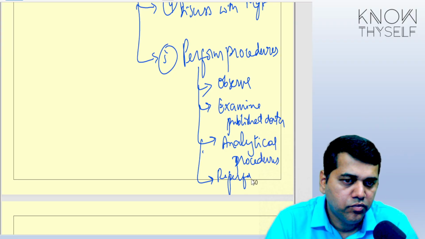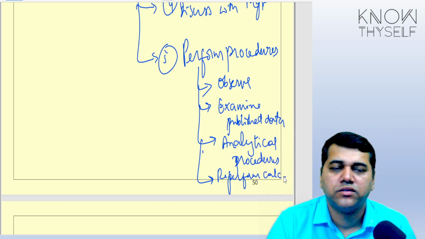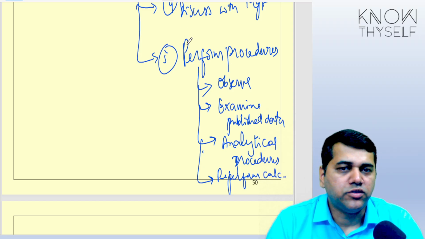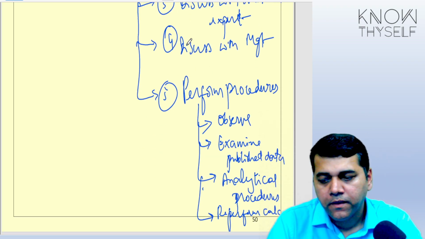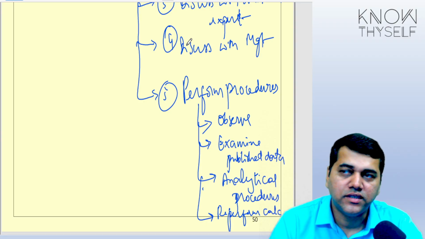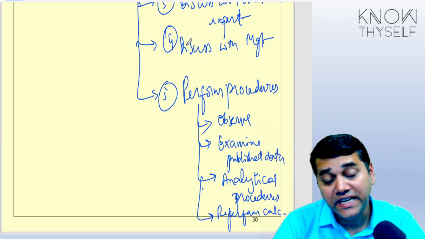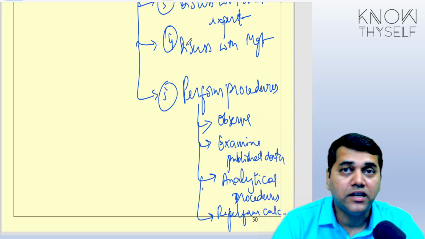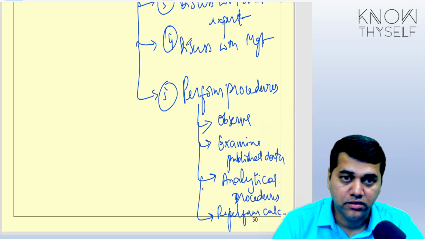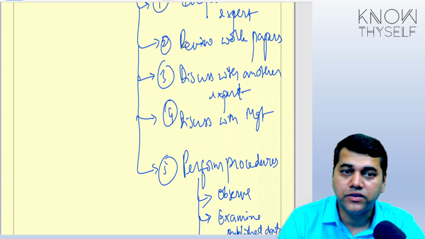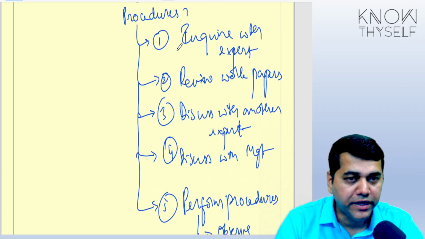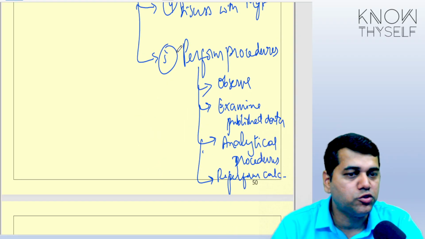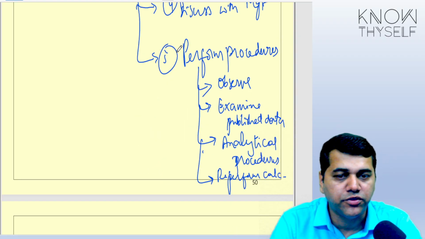Re-perform calculations. Okay, so these are all the five activities an auditor needs to perform in order to get evidence that the expert's work findings and conclusions are relevant and reasonable. So how? Discuss with the third party, discuss with another expert, discuss with the management, speak to the expert, check their working papers, do recalculation, perform analytical procedures.